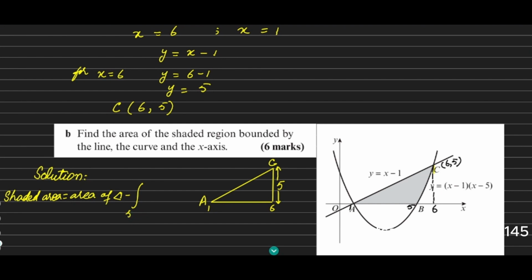We will write from 5 to 6, as we can see, 5 to 6, this triangle area under the curve. We will write the equation of the curve, which is (x minus 1)(x minus 5) dx. Now we solve it.